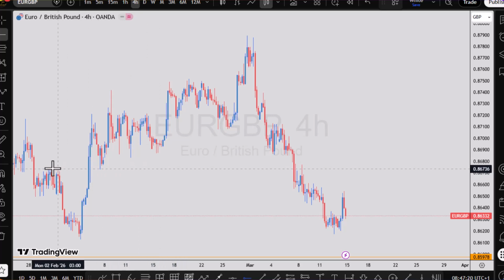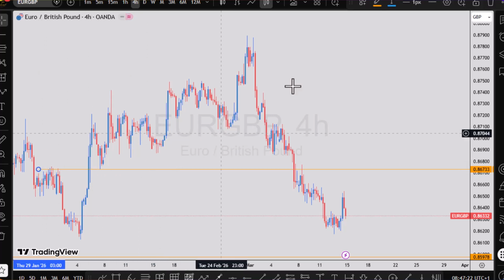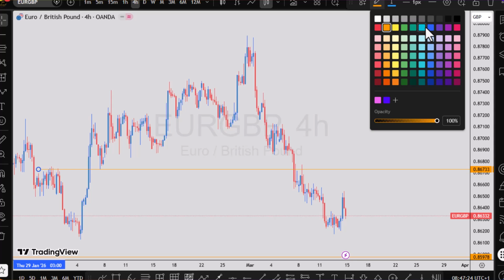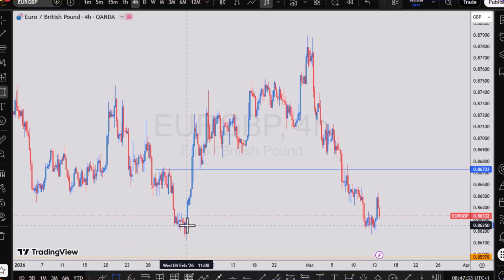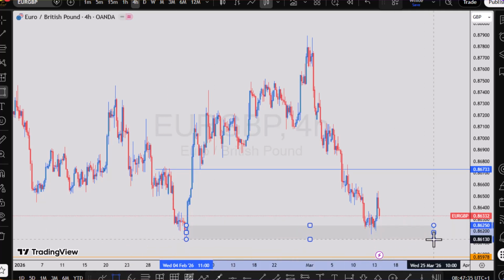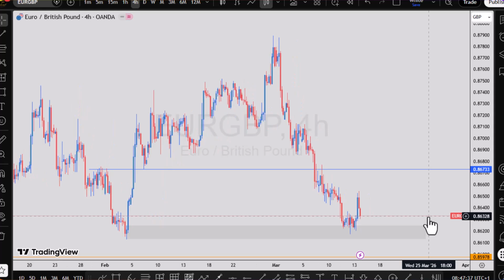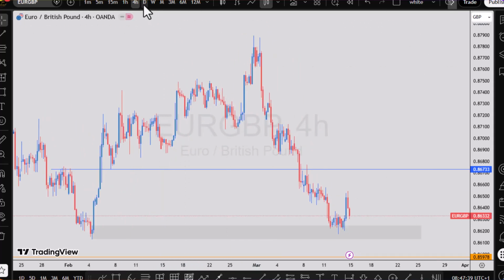We broke out this level on the 4-hour chart, so we can have this level right here, and we have this swing low right here which is a demand zone. We can mark this level right here. Okay, and checking this level right here, we go back to the day chart.